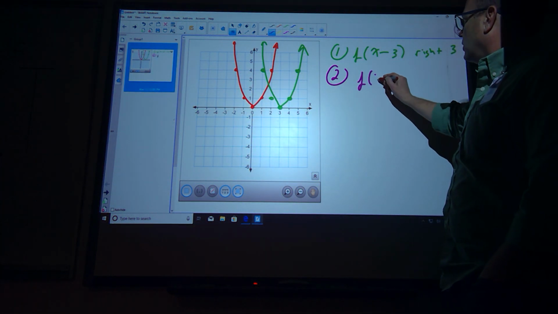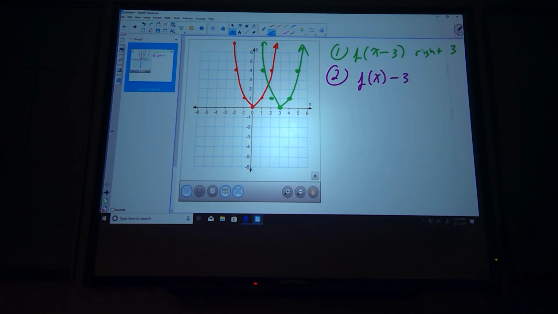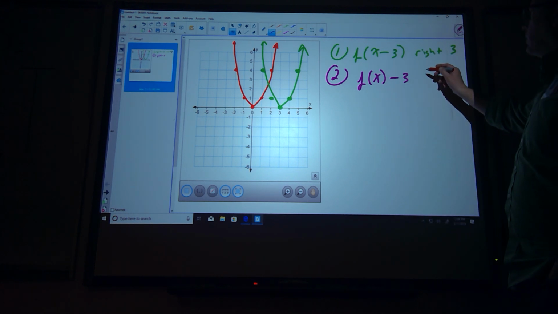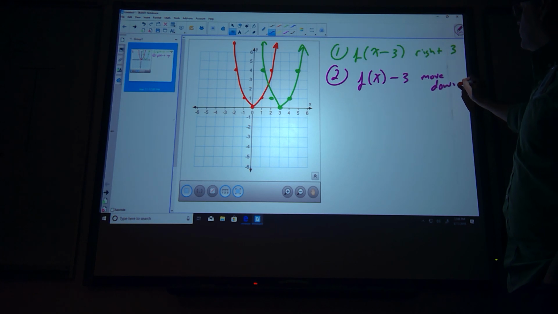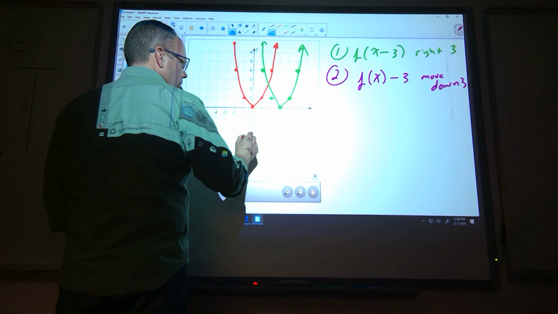Number 2 says, hey, we're going to do this. We have the f at x, and we're not going to group the minus 3 now. So if it's not grouped, does that change the direction it moves? Moves it down, right? So the red one we're still going to use as our basis. So all of the red points, I'm going to move down 3. This point here is going to move down 3.